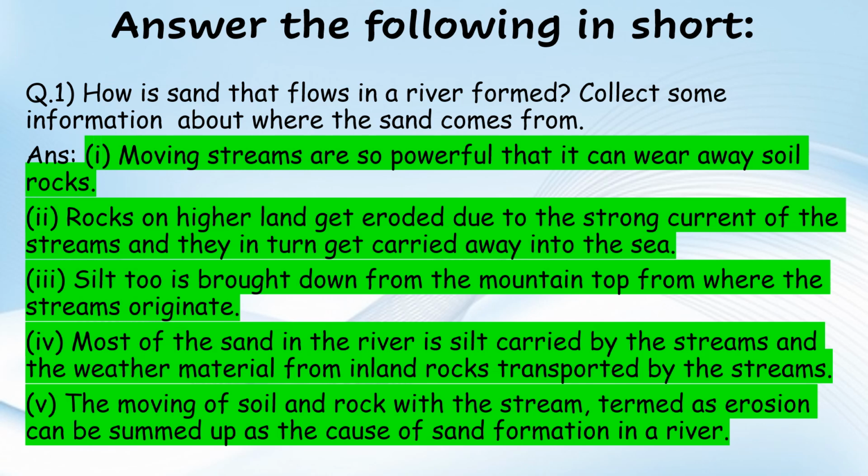This silt too is brought down from the mountain top where the streams originate. Most of the sand in the river is silt carried by the streams and weathered material from inland rocks. The moving of soil and rock with the stream, termed erosion, can be summed up as the cause of sand formation in the river.